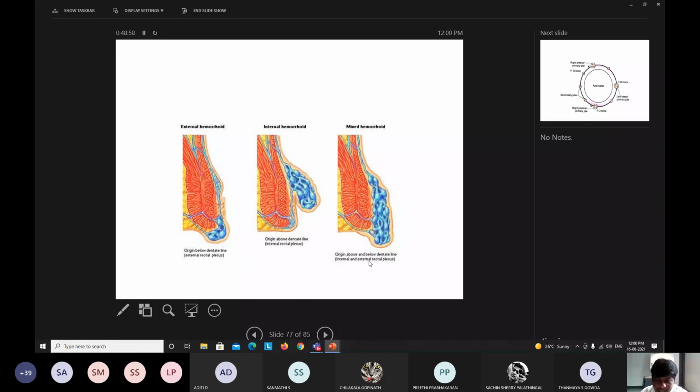Here is the internal and external rectal plexus, so both venous routes are mixed here. This part is formed by the internal rectal veins and this part by the external rectal venous plexus, but here both are mixed, crossing the dentate line.